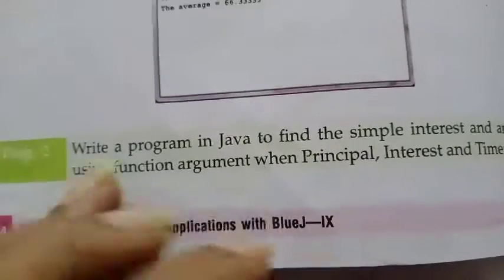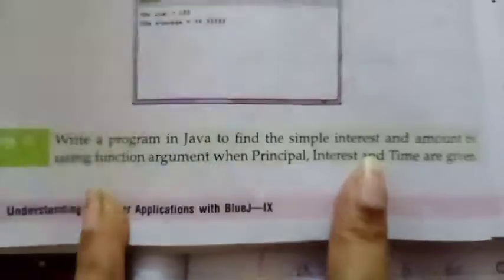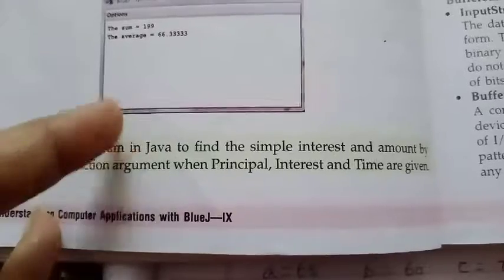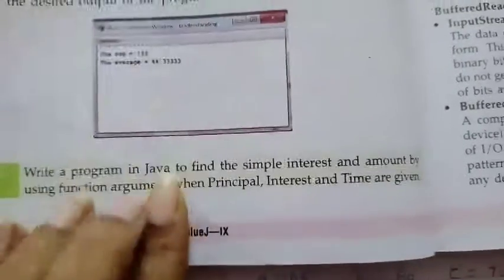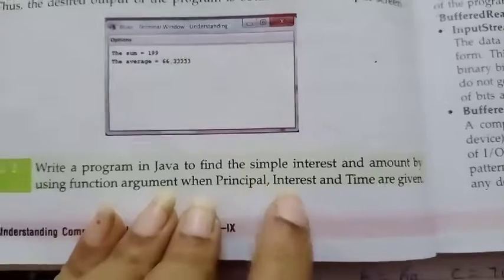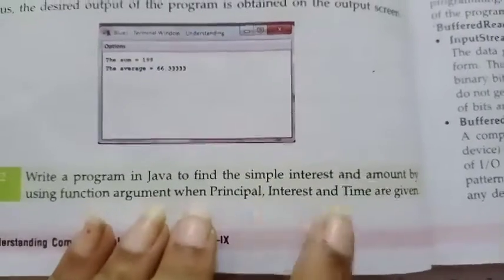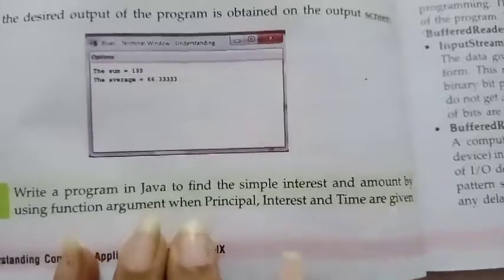The second program is to write a program in Java to find the simple interest and amount by using the function argument when principal, interest and time are given. So the second program is to calculate the simple interest and the amount.